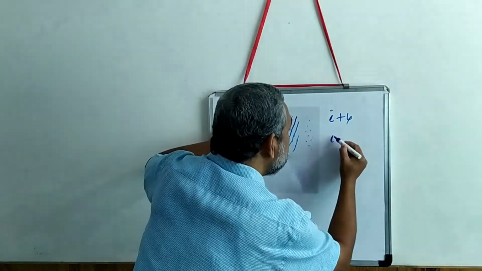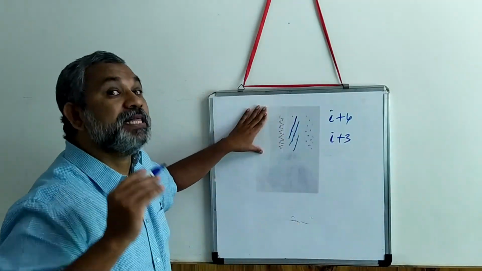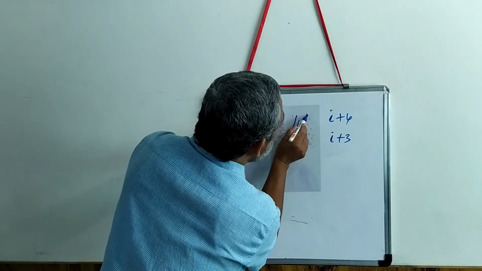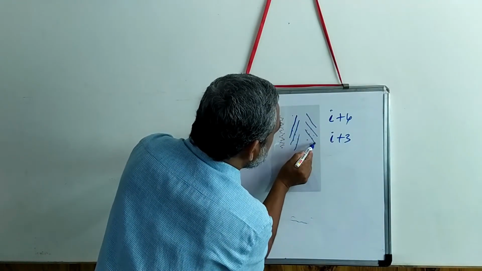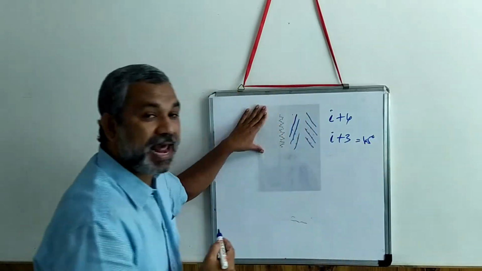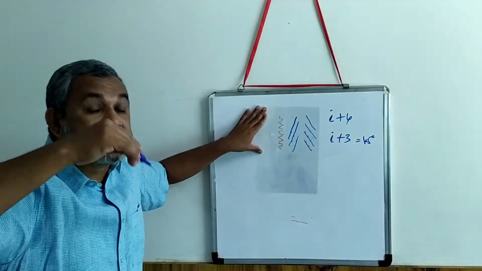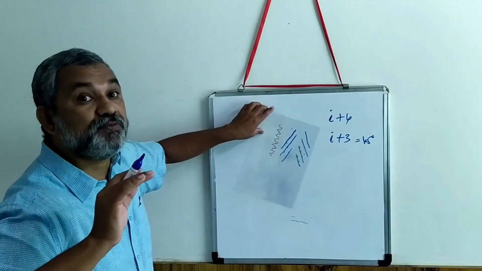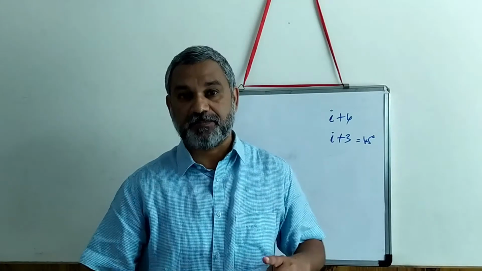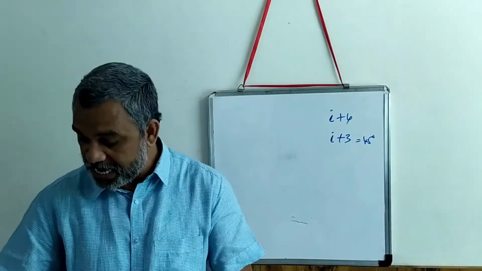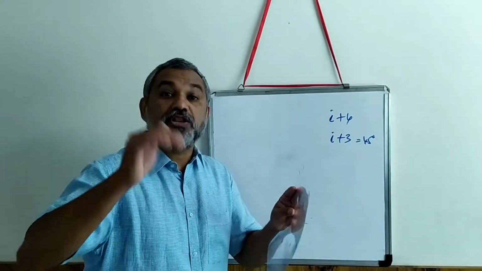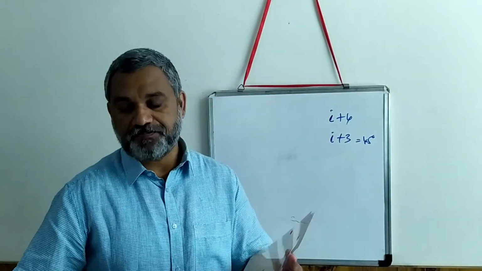And when it is I plus 3, the ridges take a different angle altogether, about 45 degrees. So therefore the ridges are projected outward at different angles. What is the significance of this? The significance is especially when you want to fit them together.